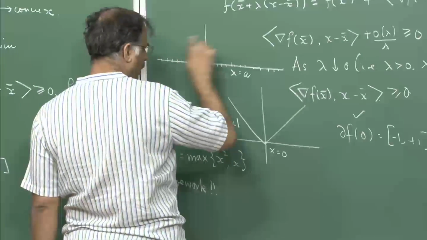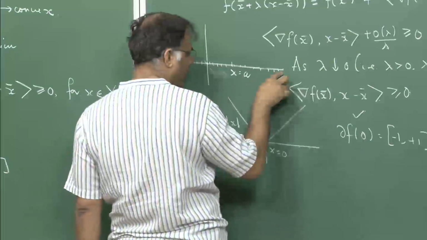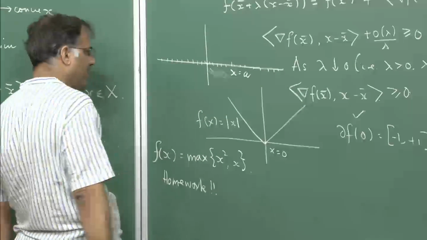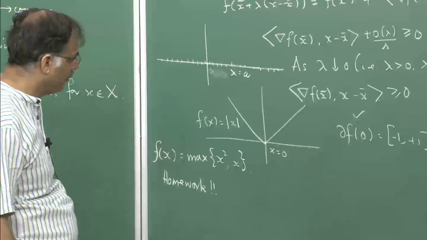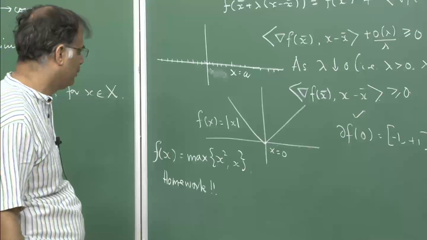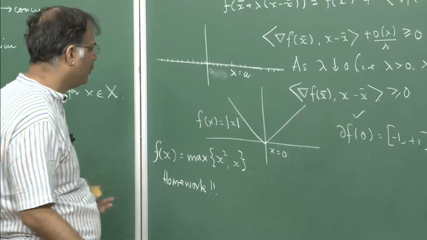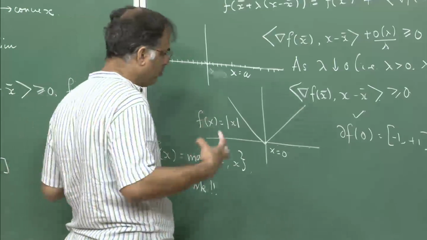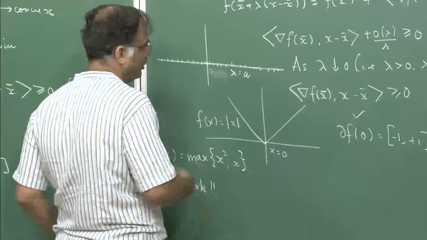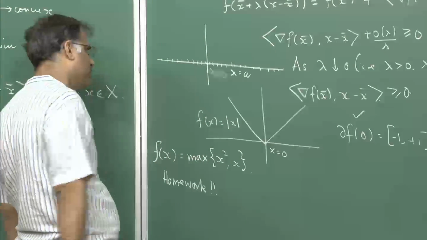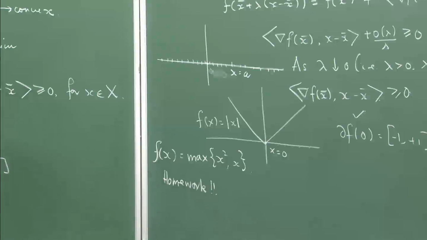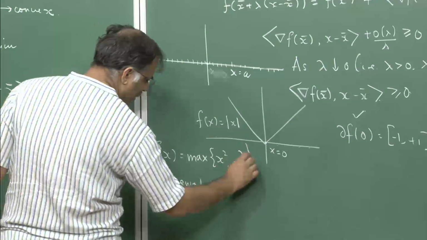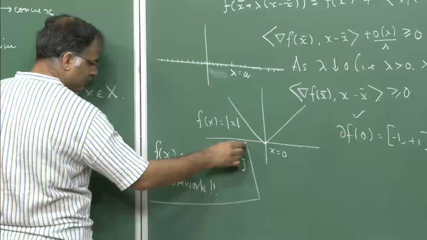Compute the gradients here and take the limit as x tends to a. Whatever you get finally, just take the convex hull of that, and then you get an interval which is our subgradient. So let us try to draw this and do it as a homework.